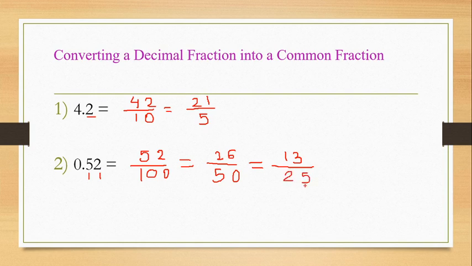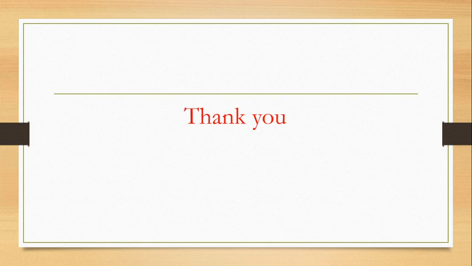So our final answer is 13 upon 25. The conversion of 4.2 into a common fraction is 21 upon 5. The conversion of 0.52 into a common fraction is 13 upon 25. Thank you.